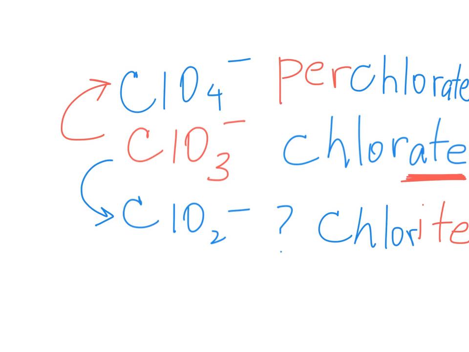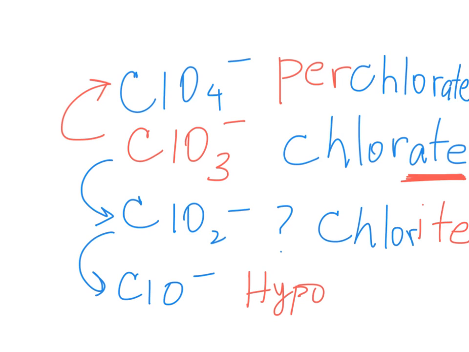If somebody says, how about you go one less from here and make it ClO -? You're looking at 3 oxygens here, 2 oxygens in chlorite, and then one less, basically 1 oxygen. If you have one less, you add the word hypo, and then we use exactly what is here, which is chlorite. So you say hypochlorite.